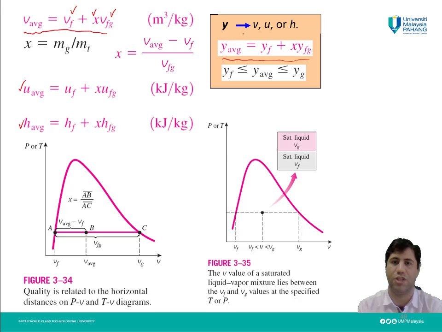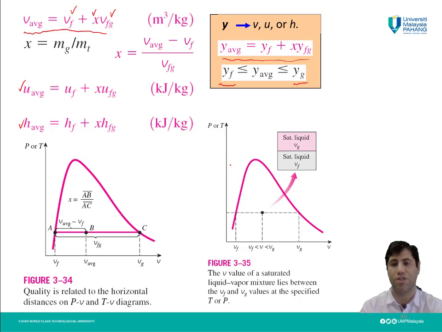Y is the property, which can be V, U, or H, and it is equal to that property for saturated liquid plus x times the fg of that property, which can be V, U, or H. And the amount of each of these properties will be between the values of that property for saturated liquid and saturated vapor of that substance at that temperature or pressure.